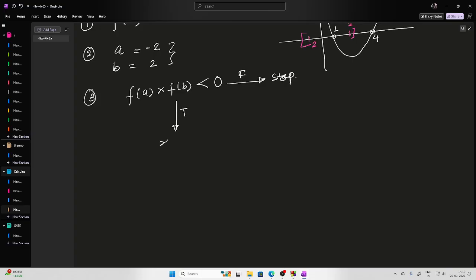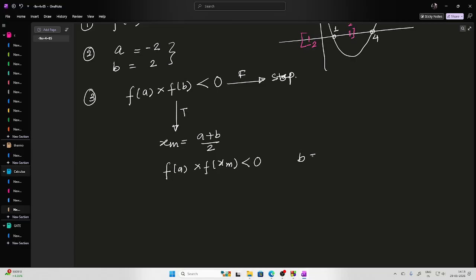Otherwise, what you have to do is find the mean, that is a plus b by 2. Then once the mean is known, you can evaluate fa times fxm. If that value comes out to be less than 0, then the root will be lying between a and xm.